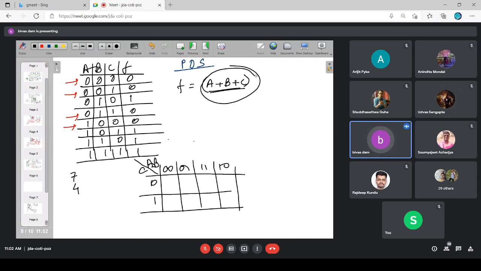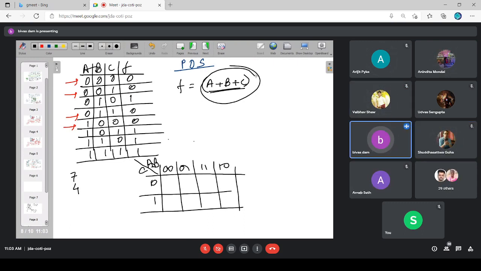In the OR function, for how many input combinations does the output become 0? For any OR function containing n input variables, for how many input combinations will the output be 0? Only one.